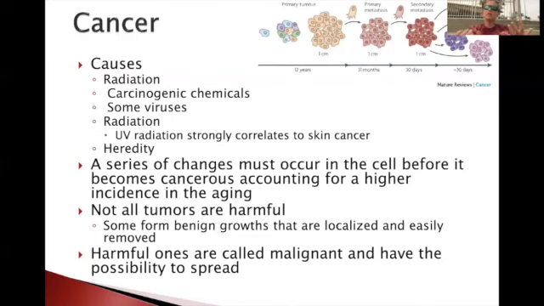And that's important to be aware of, so you can talk to your family, find out what cancers are prevalent there. Realize that a series of changes must occur in a cell before it becomes cancerous. This is why we see it with old age. And you go, oh my gosh, in the last 50 years, we've seen cancer increase exponentially. It must be what we're doing to the environment that's causing this cancer.